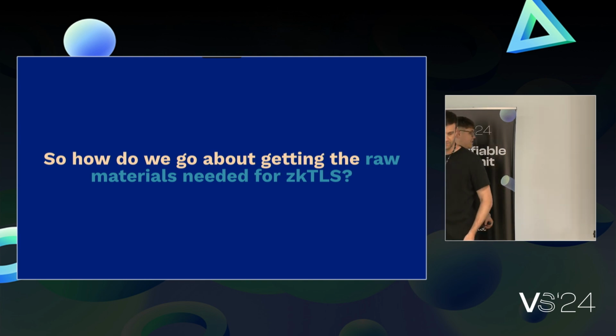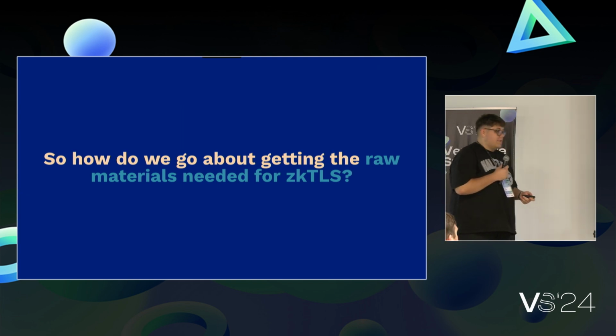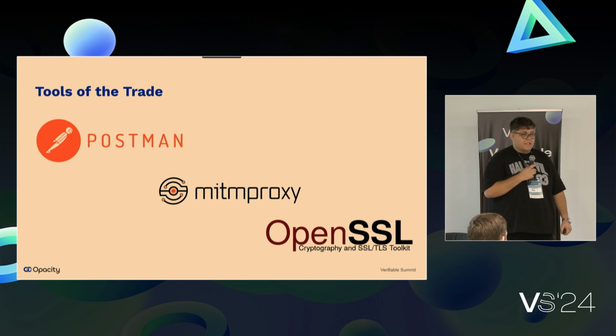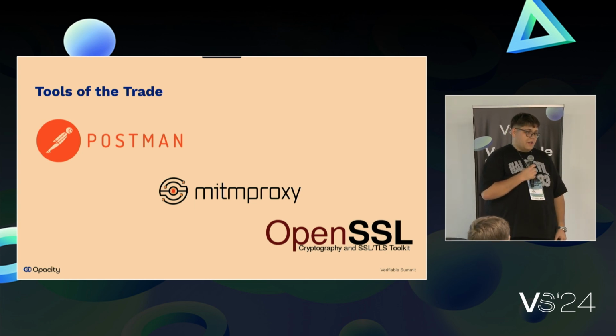Hey folks, so I'm going to show how we actually get the raw materials from everyday web activity. At Opacity we use Postman, basically software where we store all the requests, with documentation on how everything works. Beton proxy, we usually use to intercept requests on mobile apps, which we can later leverage to extract data from different apps.